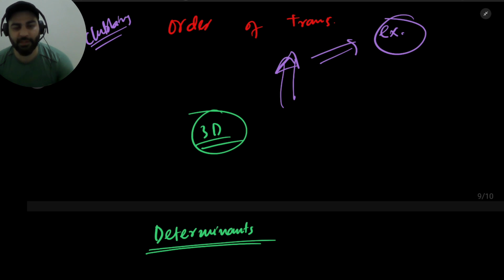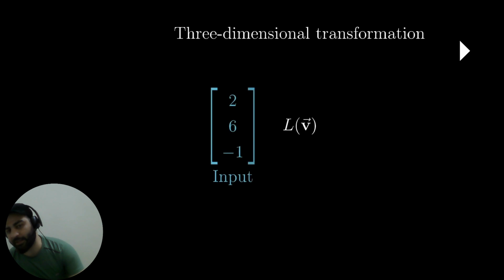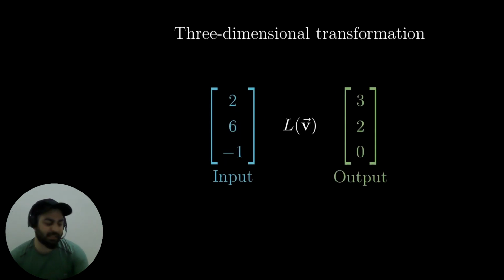Let me just find that. Okay, so if I have to show you the linear transformations in 3D, how will I do that. A transformation basically means you'll take an input vector, and out of that you will spit out an output vector like this. This is basically the normal meaning of a linear transformation in 3D. So you'll take a 3D vector and you will spit out some other 3D vector.